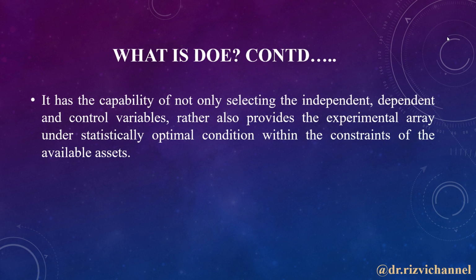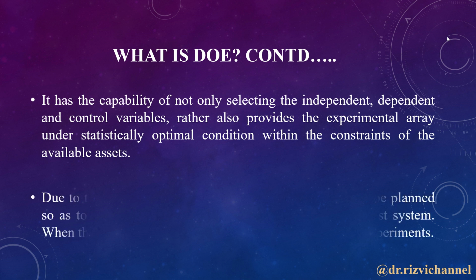It has the capability of not only selecting the independent, dependent and controlled variables, but also providing the experimental array under statistical optimal condition within the constraints of the available assets. And it also optimizes the data.